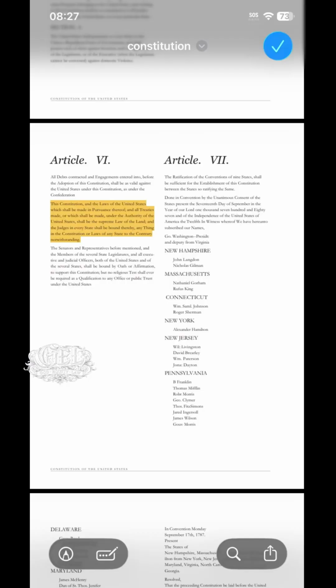No, it's not Article 1. That's the Declaration of Independence. Oh, that was your second guess. The correct answer is Article 6, Section 2, the supremacy clause, where it says they are bound by the Constitution and all treaties of this land. Article 6, Section 2.